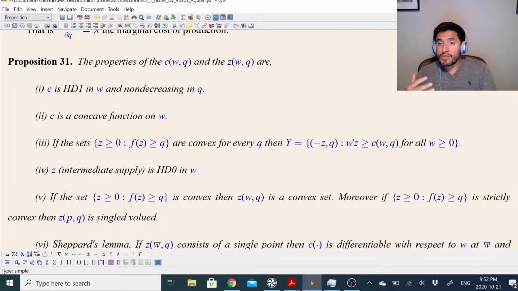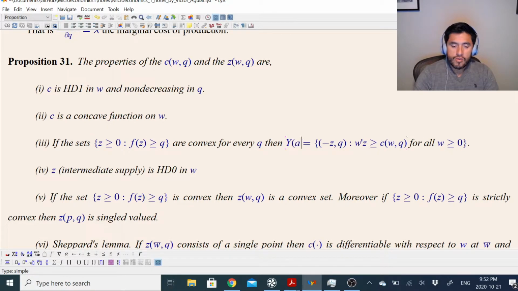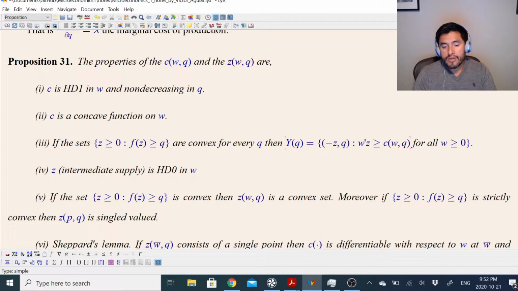Then if this set is convex, right, then you can characterize the following conditional production set. It's conditional on Q. So actually I will write it like this, with a Q here, because Q is fixed, and now by fixing Q, it turns out that I can use the cost function conditional on Q as the support function of this convex set.